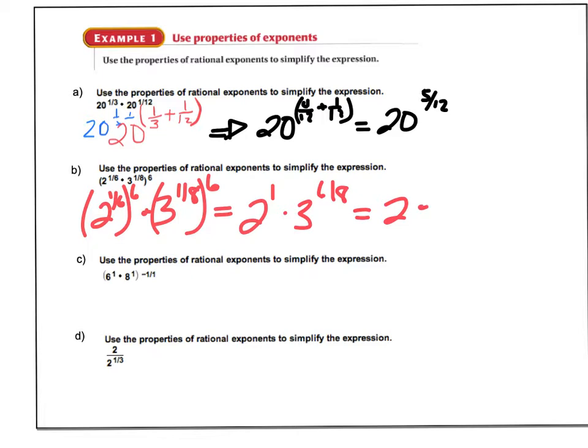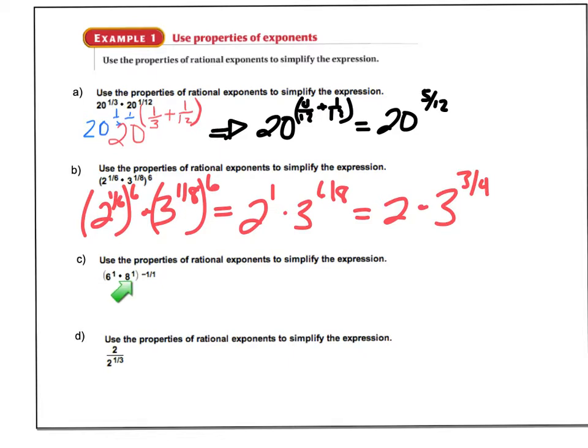You can write it or not write the 1 if you want. But 3, that power would be reduced to 3/4. Alright? And we would leave these like this because you've used your rational exponents to simplify the expression. You wouldn't take your calculator and finish it off, because what I'm looking for again is that you know these properties of rational exponents.